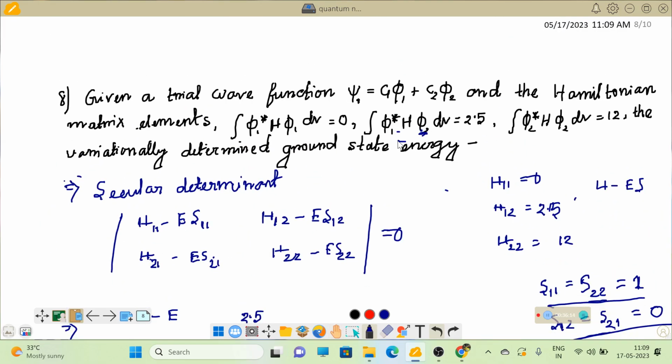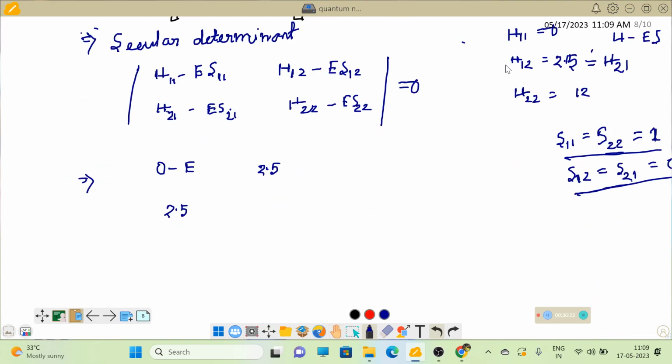If we change the position, it will be the same, 2.5. So that's why I am taking it as H21. Don't get confused. Here I put the value of 21, and S21 equal to 0 I already told you, so only 2.5, minus 0. H22 is 12 and minus E into 1.